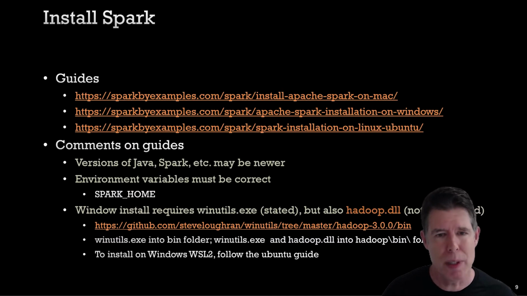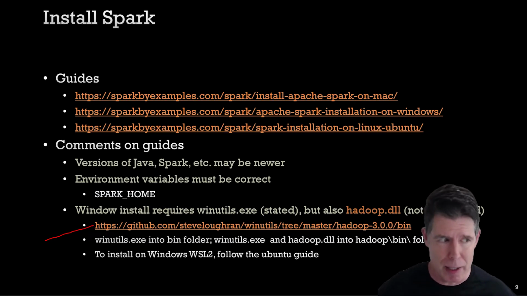One minor issue is, it depends on how you're using it, but it can be the case on a Windows computer that you need to install this Hadoop. You can put it in a separate folder, and I add that Hadoop home to my environment variables and specify the Hadoop folder for that home.